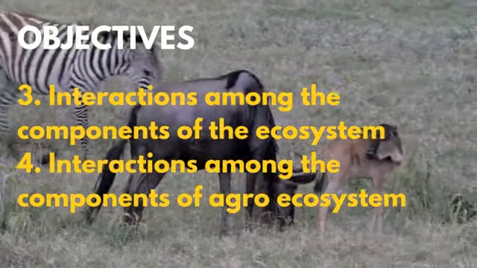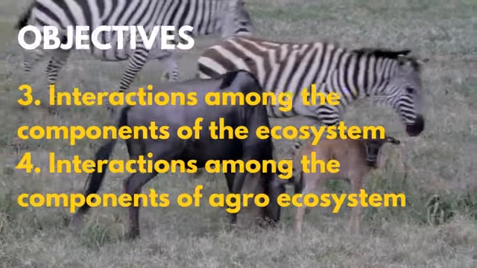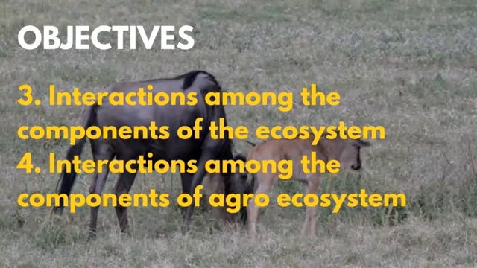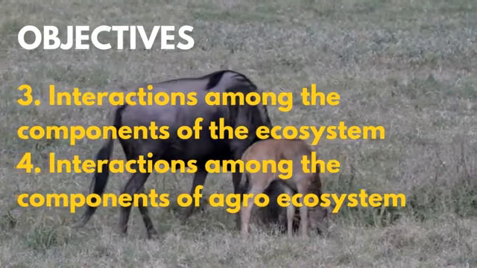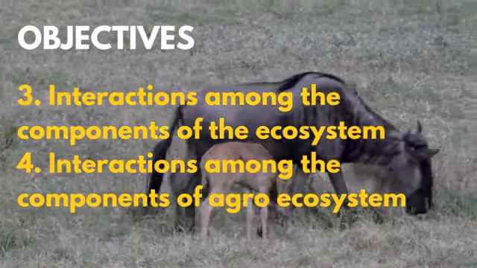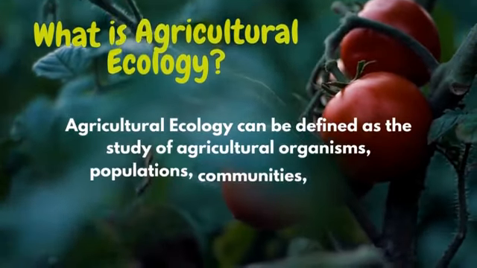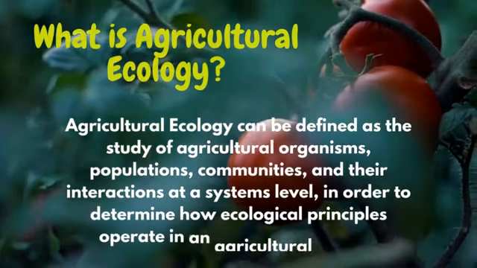Now, an agroecosystem could be the fish and water. It could be the crop itself. It could also be interaction between crops of the same species, or crops of different species. How do they interact? It could also be interaction between the biotic and abiotic factors.